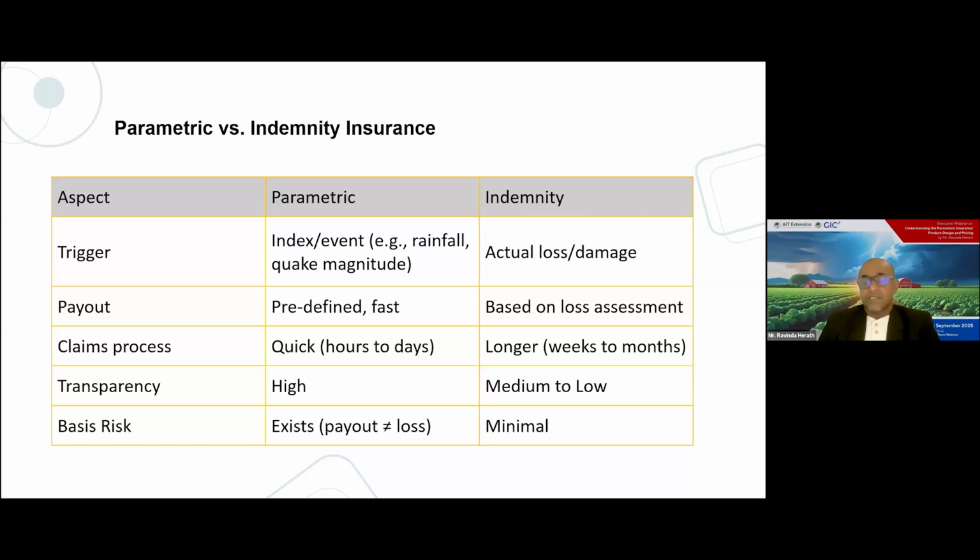Indemnity is medium to low because sometimes there may be moral hazard, or indemnity is not as transparent as parametric. On basis risk, in parametric insurance the basis risk exists. In indemnity it is minimum because it actually pays the actual losses, right?